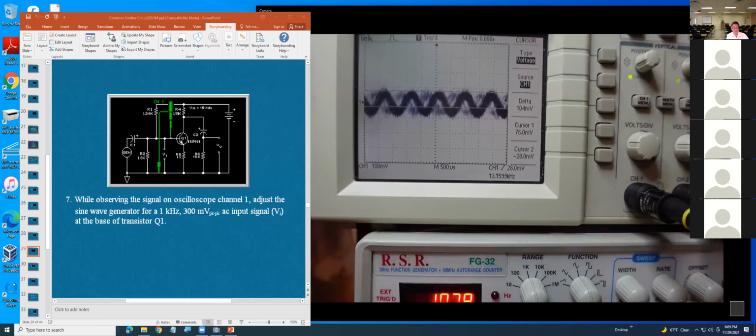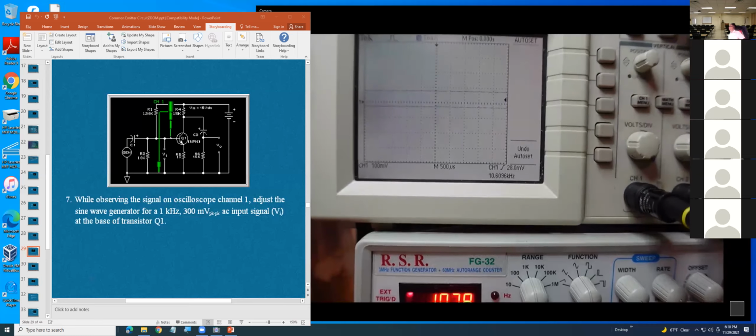Okay, so by the way, right now we're going back to the circuitry. We want 300 millivolt, so I adjust to 300 millivolt. I increase the generator. I try auto set measure to see what happened.